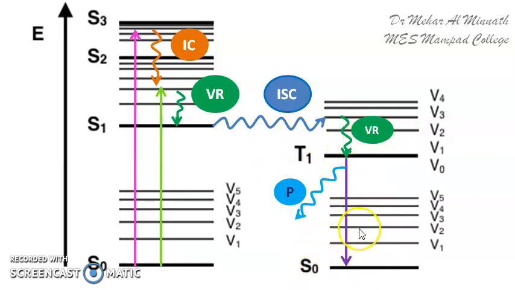While jumping down to the ground state from the triplet state, again there will be a spin flipping. The electrons which had parallel spin will, by the time they reach the singlet ground state, have become anti-parallel.